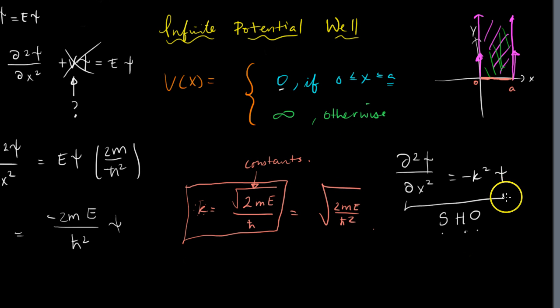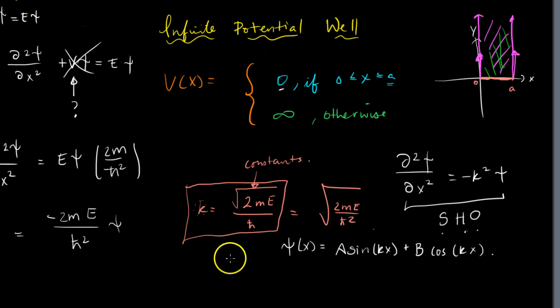Simple harmonic oscillator. There's already a solution for this that we had. The solution is that psi of x is equal to a constant a times sine of kx plus another constant b times cosine of kx. Not too hard.